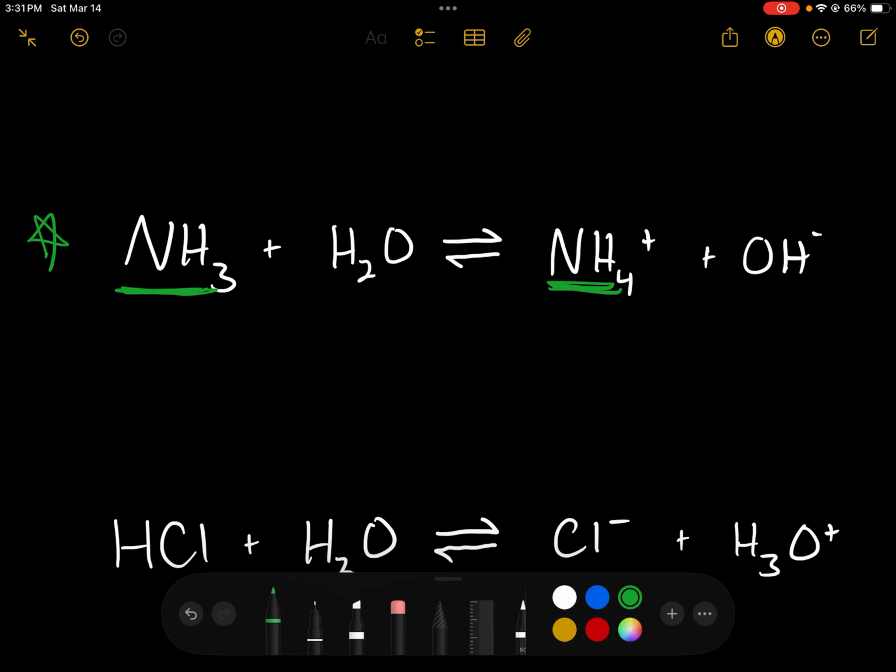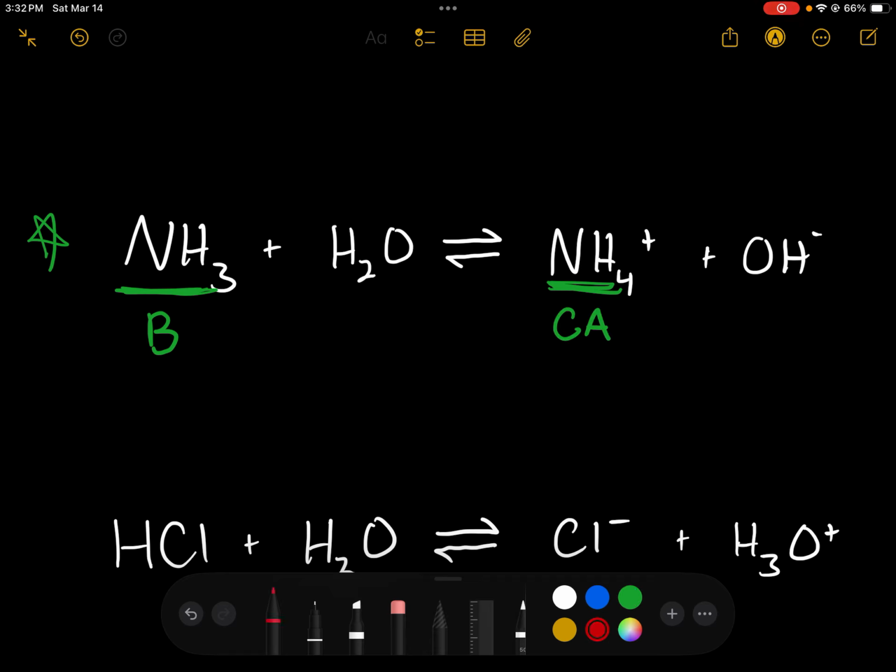So this thing, NH3, has accepted a proton. It's accepted a hydrogen from somewhere else, making this, on the left side, the Bronsted-Lowry base. On the right side, we know that Bronsted-Lowry bases, once they accept that hydrogen, become conjugate acids.